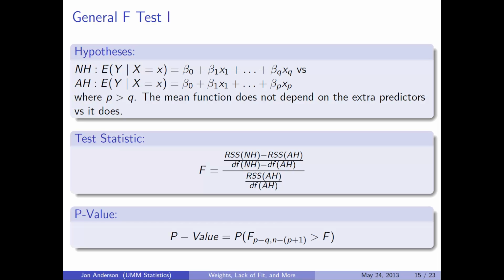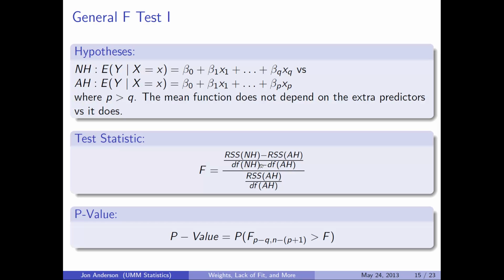Notice that in the numerator, we divide by the difference in the degrees of freedom between the null hypothesis model and the alternative hypothesis model. This basically turns out to be how different are the sizes of the models, how many additional terms do the models have.